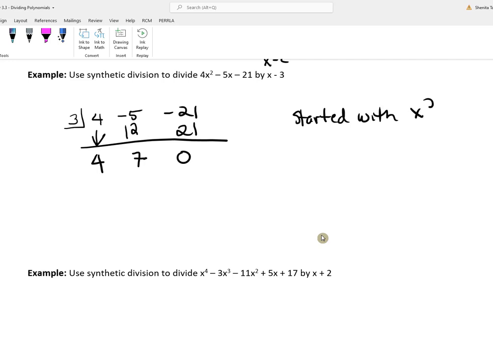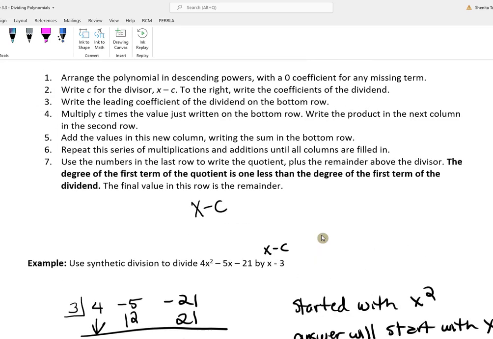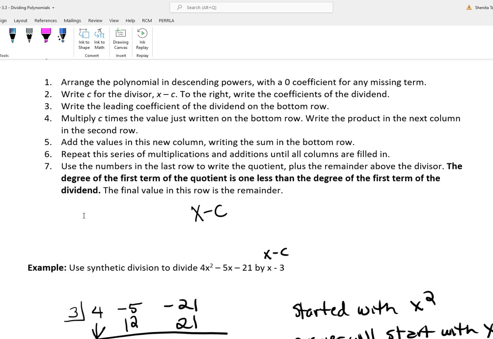So now, since we started with an x squared, my answer will start with x. Okay, so if you go back to what I said, the degree of the first term of the quotient, your quotient is the answer, is 1 less than the degree of the first term of the dividend.